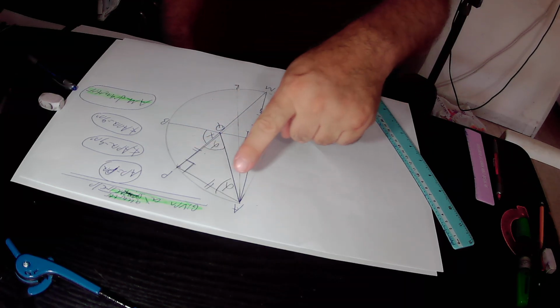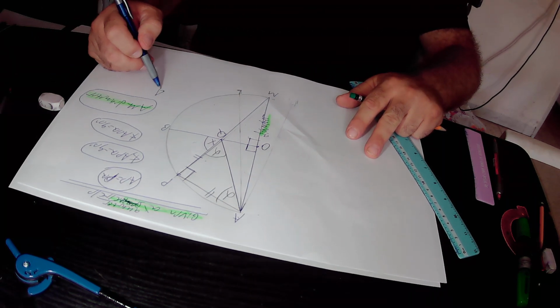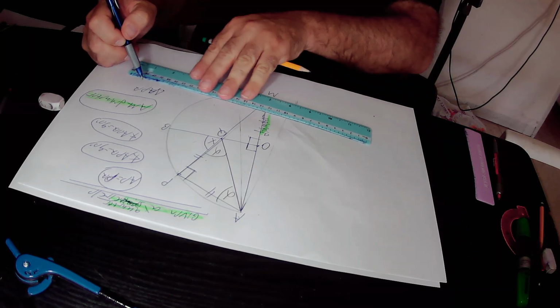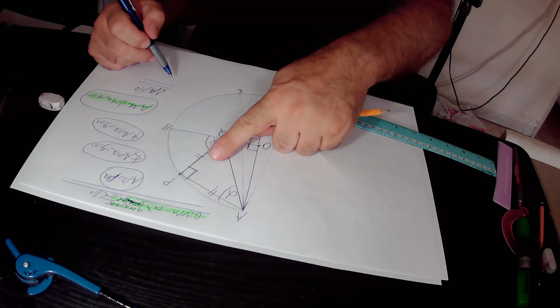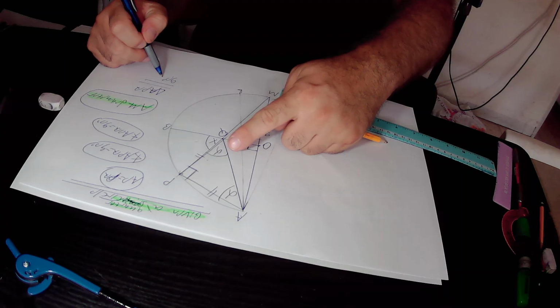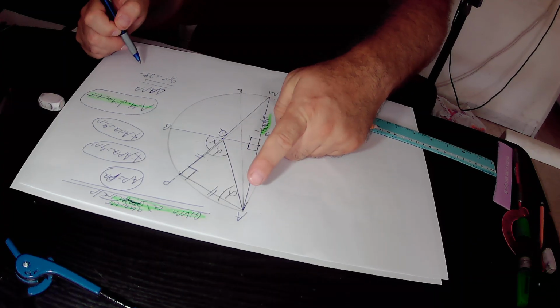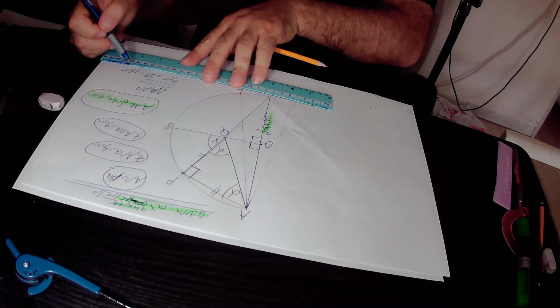So which angles do we have in triangle APQ? In the right triangle APQ, we have this angle that is a right angle, plus alpha, plus alpha, that is to say, plus 2 alpha. In total, the sum must be equal to 180 degrees according to the rule that the sum of the angles in any triangle is equal to 180 degrees.